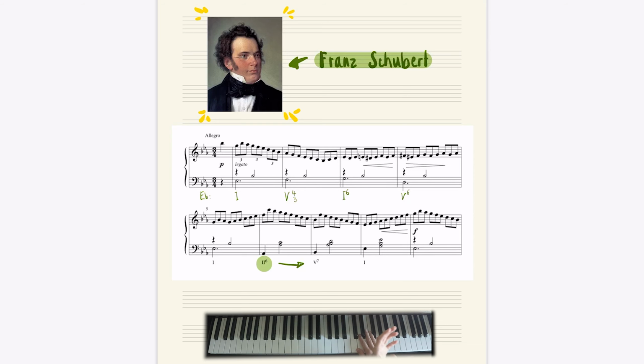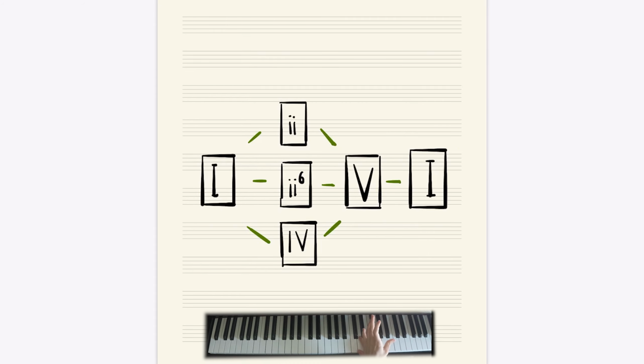The most important chords that function as predominants are chord 2, 2-6 that we just saw in the Schubert example, and chord 4. So that means that in our musical grammar, the most focused chord progression with a strong sense of direction is going to be 1, 4, 5, 1.